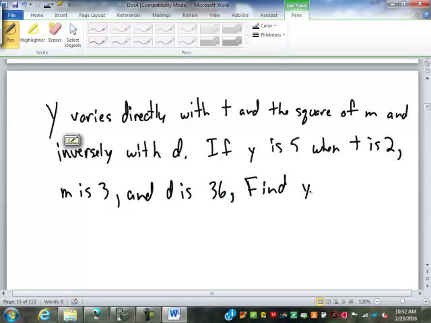Find y when t is 5, m is 2, and d is 50.